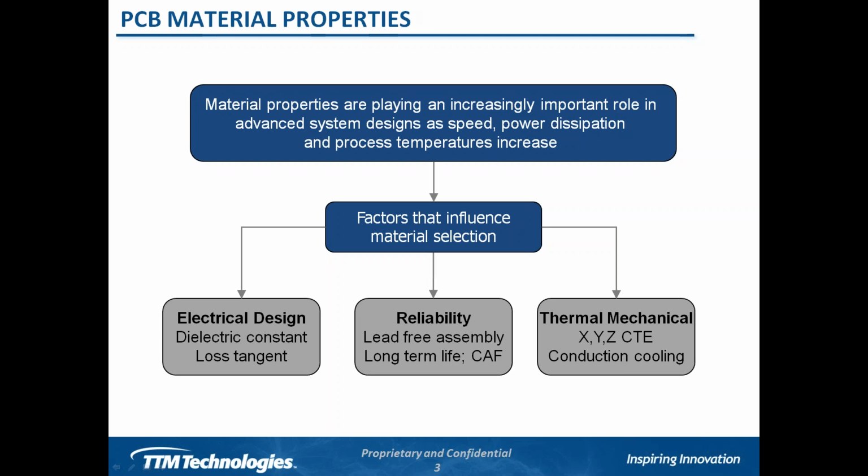So can the materials survive lead-free assembly, long-term service life, CAF considerations, and if you're wondering what CAF is, it stands for conductive anodic filament. And coincidentally, our next webinar in April will be on the CAF topic. And then finally, thermal mechanical properties, items like X, Y, and Z thermal expansion, TG, TD, and we'll talk about all these parameters as we go through.